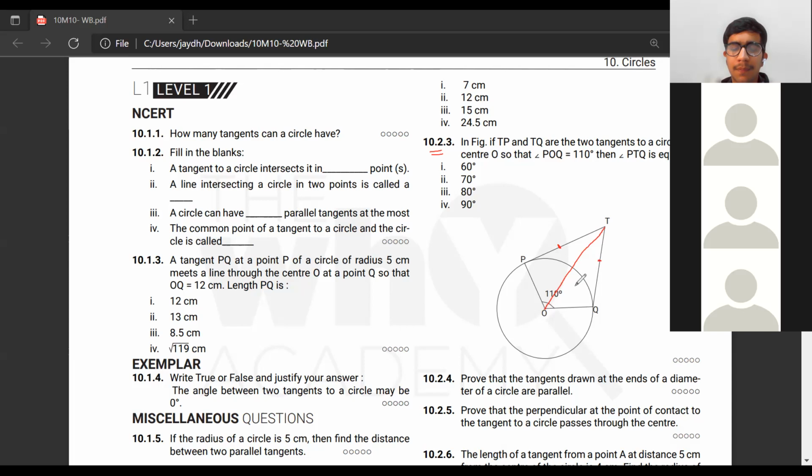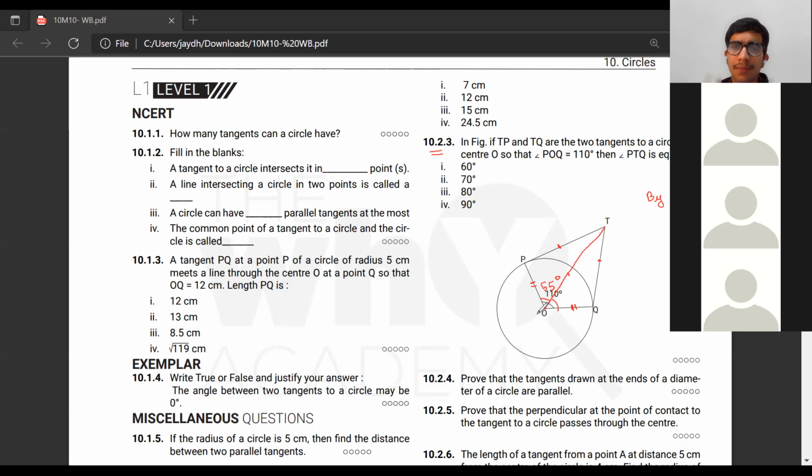Yeah, you are actually correct that this angle is bisected. See, OP is equal to OQ because of the radius, and OT is common in both triangles. So the two triangles are congruent by SSS. All three sides are equal. Therefore, this angle will be equal to this angle. So I agree that this angle will be equal to 55 degrees.